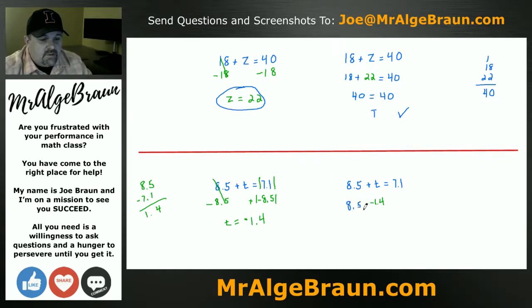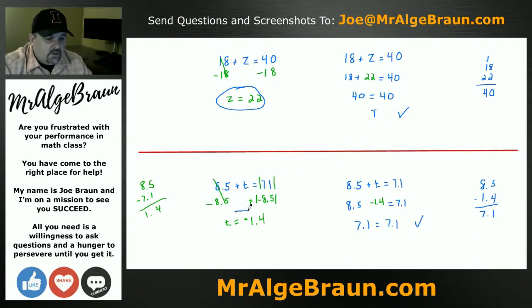So 8.5 minus 1.4 should equal 7.1 if we did everything right. Again, we're going to come over here in the margin and show our math. We're going to get 7.1 with this, which is what we should get. So 7.1 equals 7.1, and that is a valid check. Therefore we have a high probability of getting this correct.